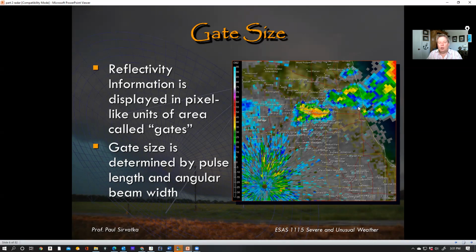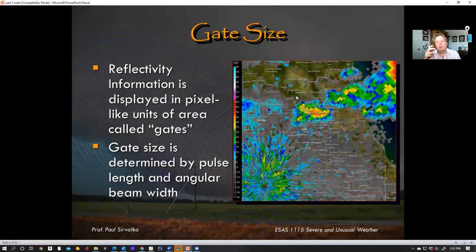Now, the colors represent, in this case, reflectivity. There's a computer program, an algorithm, that assigns color to the gate. That is called the VIP. VIP stands for Video Integrator and Processor.